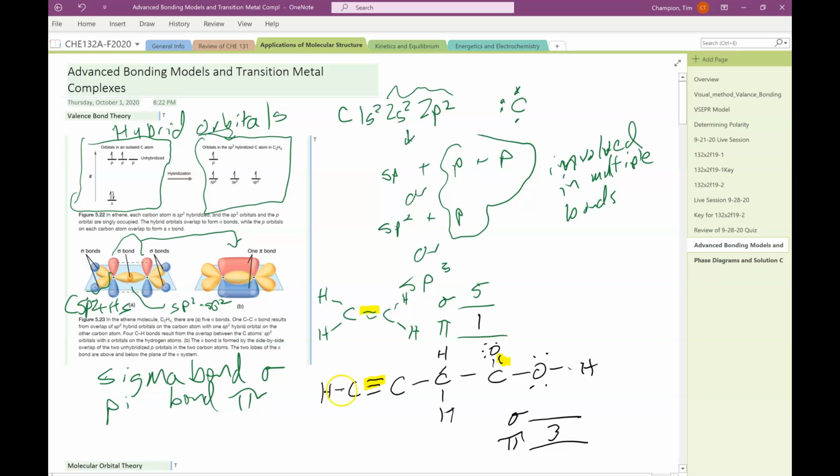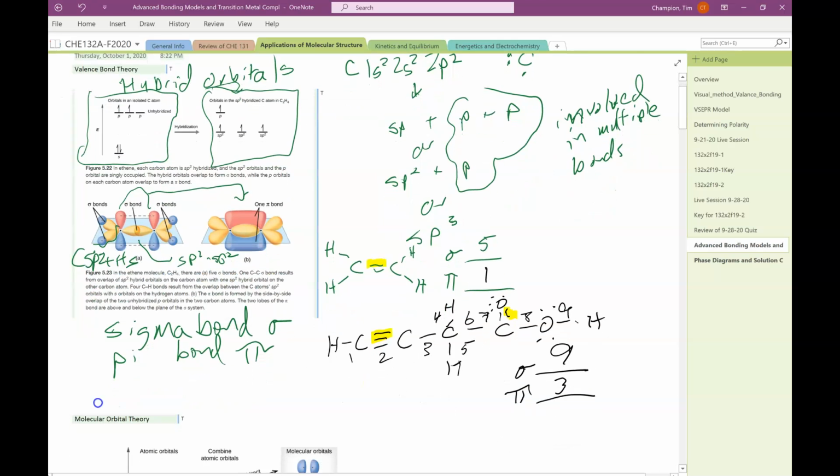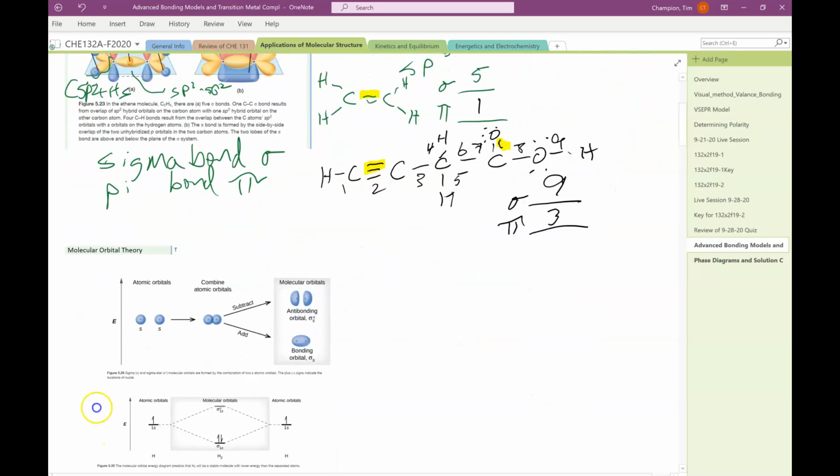So I've got 1, 2, 3, 4, 5, 6, 7, 8, 9 sigma bonds. So don't forget the hydrogens. But that's a real baseline skill, and you'll think about those a lot in organic chemistry.